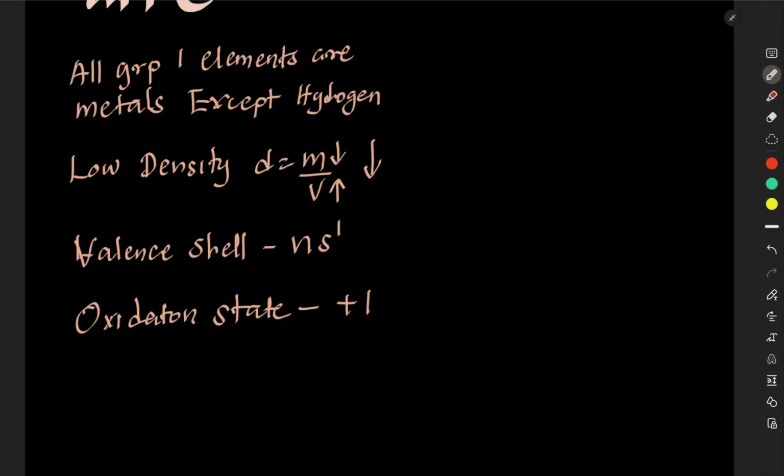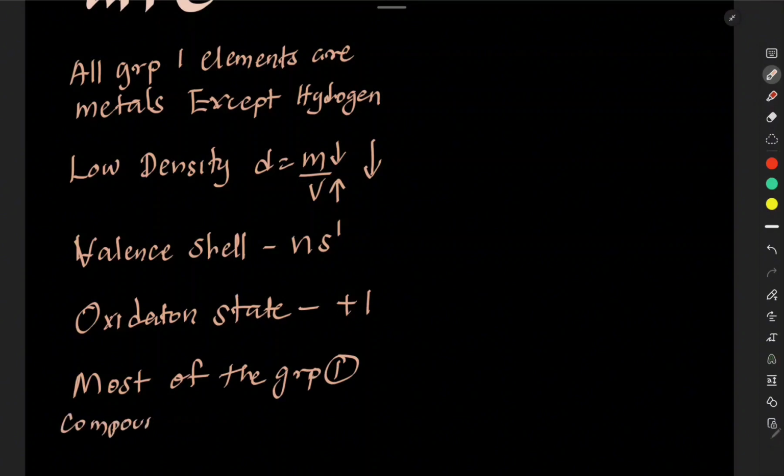Most of the group 1 compounds are stable ionic solids.